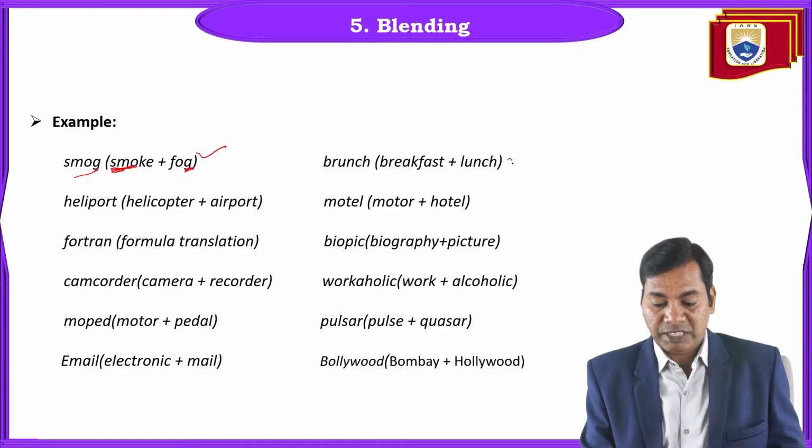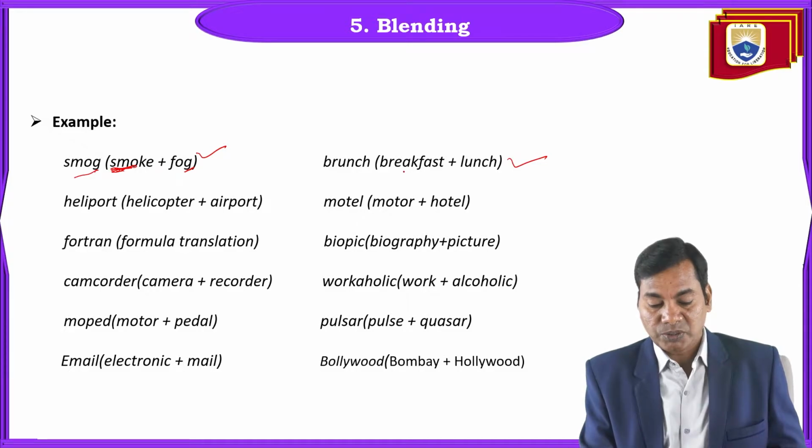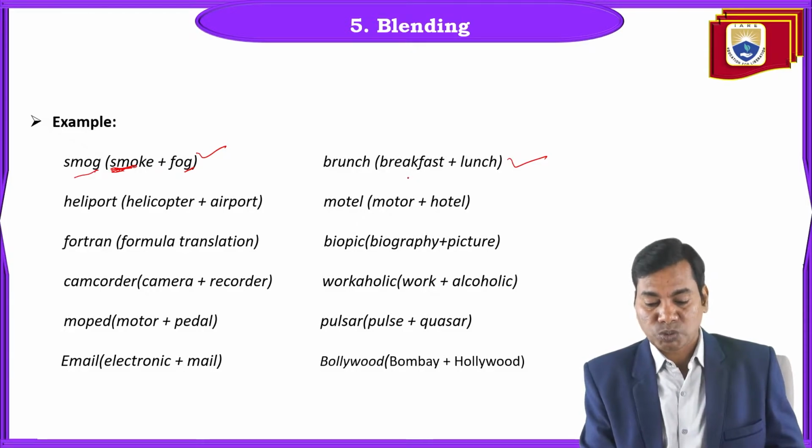And this is a very familiar word to you all, brunch, and this has come in the process of blending. So look at how the new word brunch has come in the process of blending. As I told you, I've taken two words, breakfast and lunch.